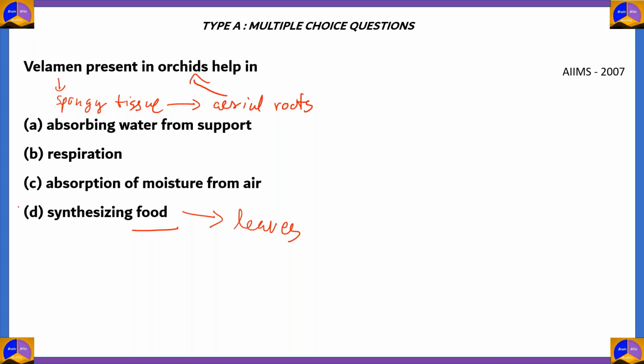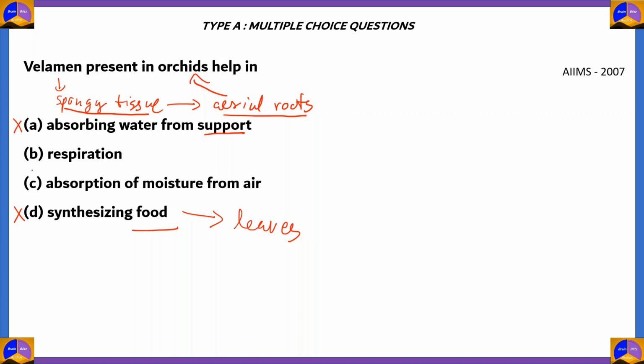So option D is not the right answer. What about option A? Absorbing water from support. Now this makes sense because spongy tissue is really good at absorbing water, but the option says from support, and the spongy tissue is found in the aerial roots. So option A is incorrect.